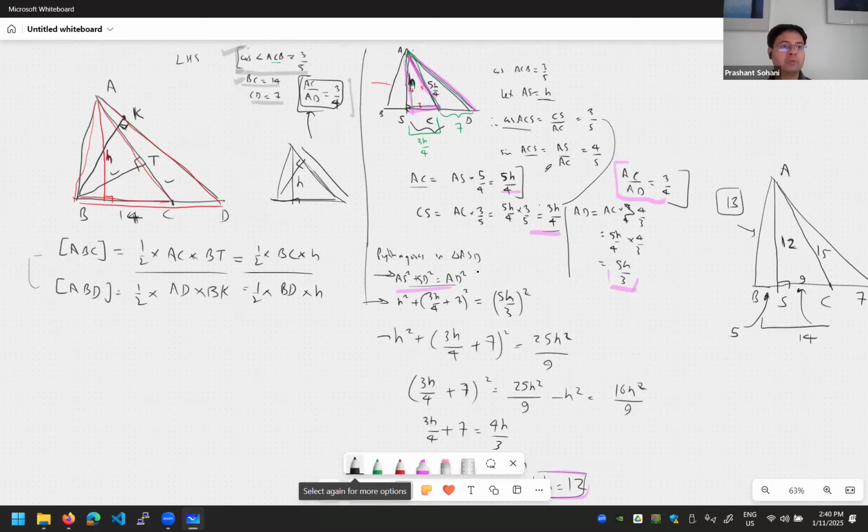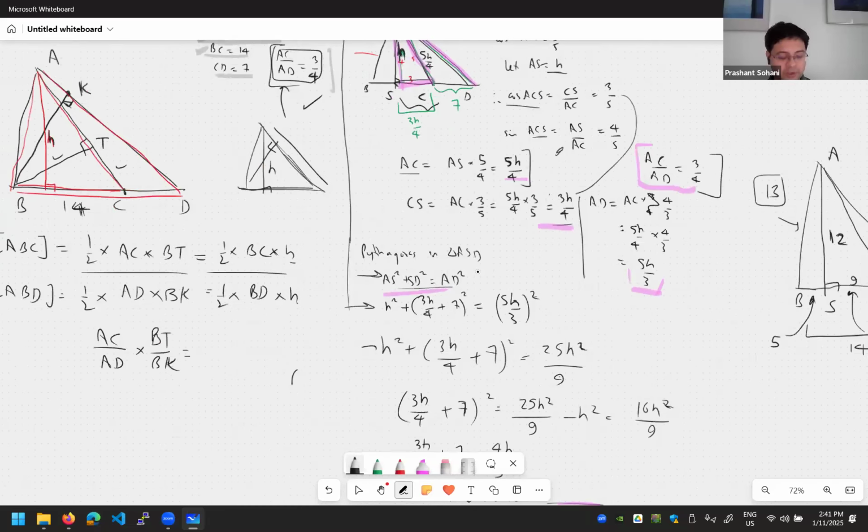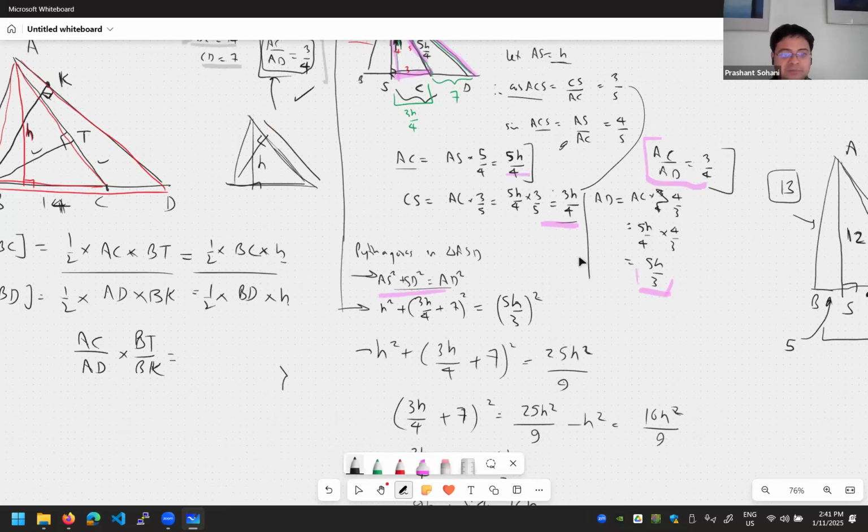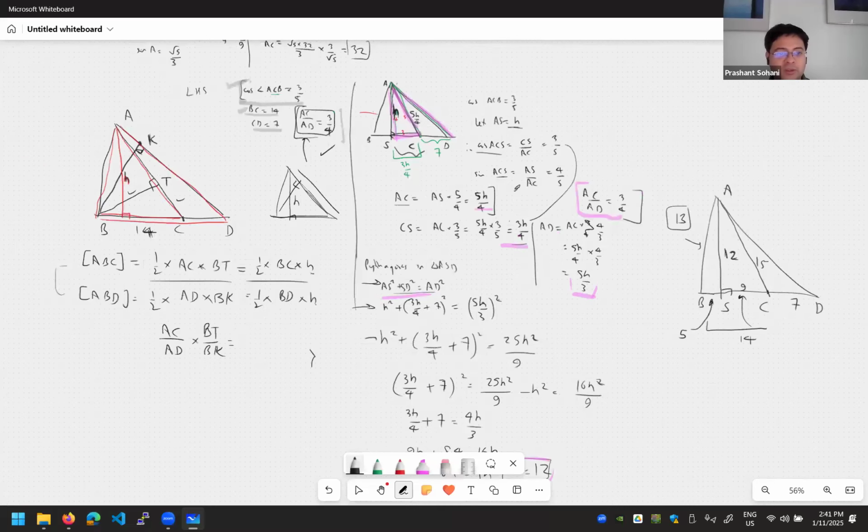All the halves will cancel. I'll have AC upon AD, whose value I know because that is given to me. And on the right hand side again, h will cancel, and I'll have BC upon BD again, whose value I know, that is 14 by 20.